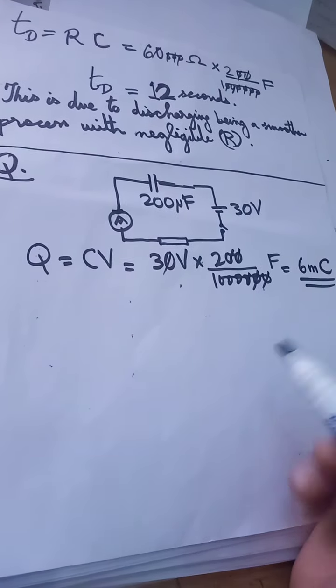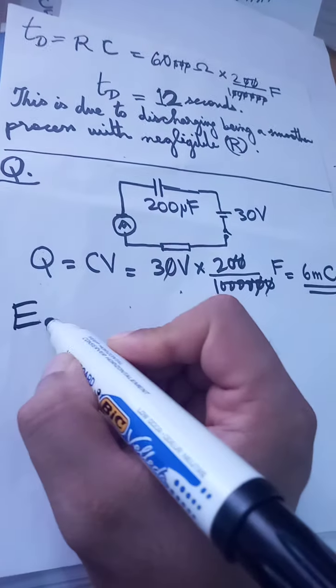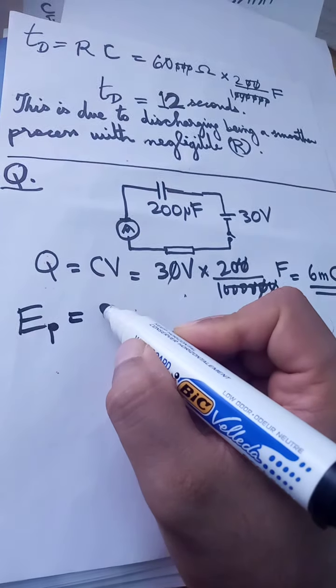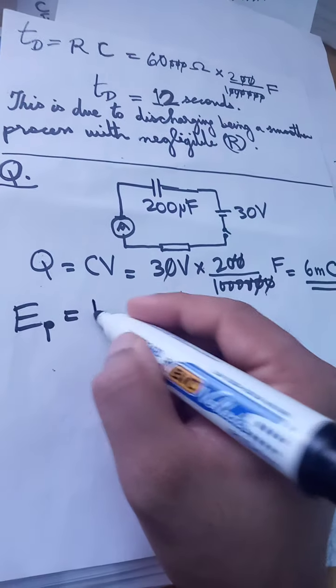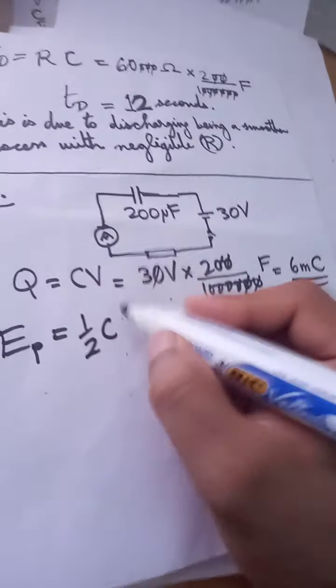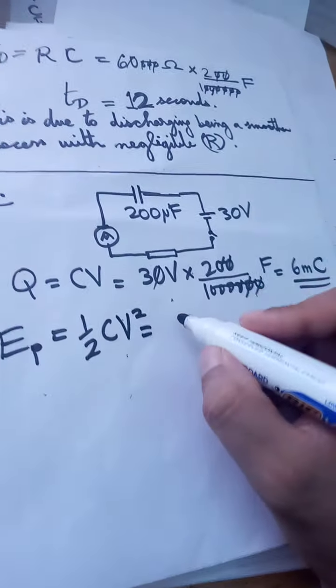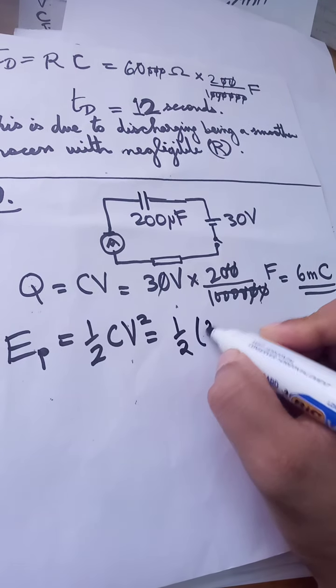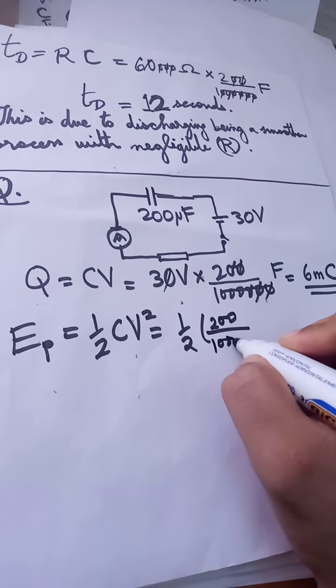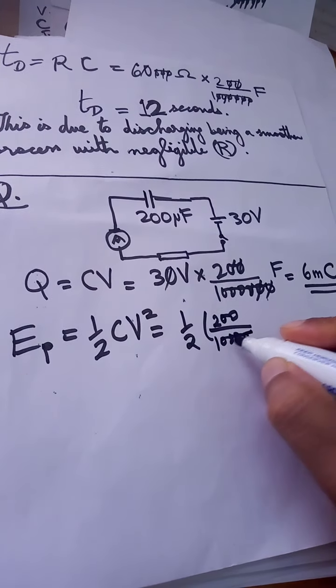If I wanted to ask you to calculate the energy, the potential energy, would you do half CV squared? Yes, because we could do QV, but CV squared is a bit of fun as well. Although the other one was easier.